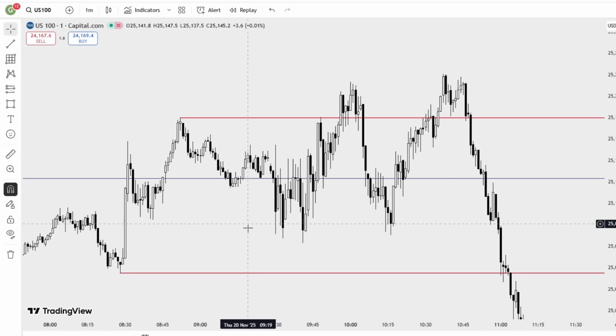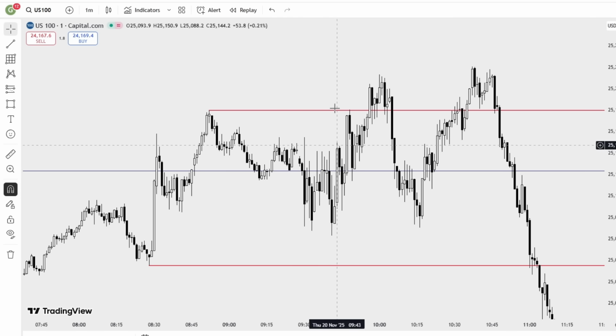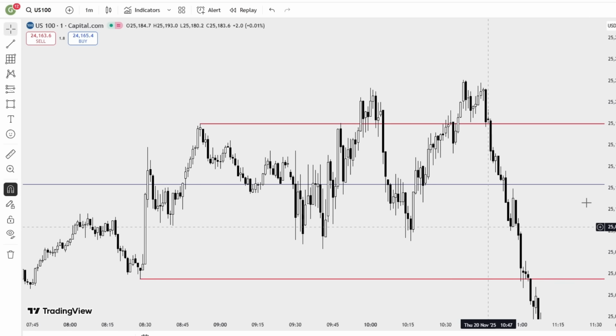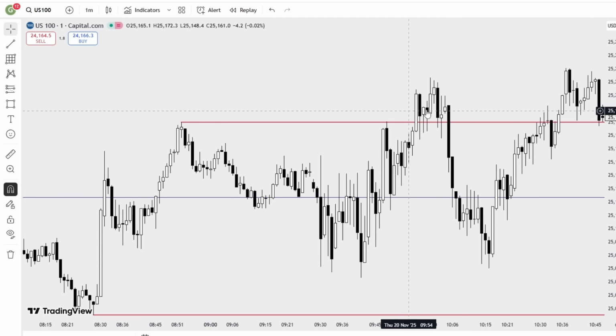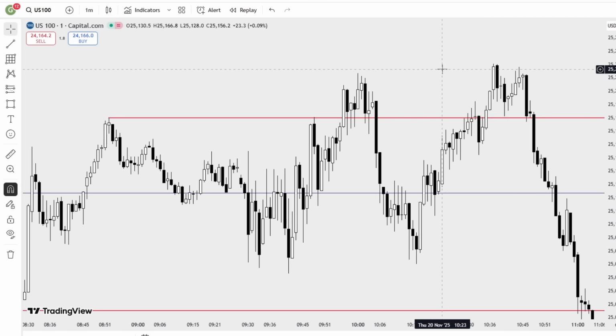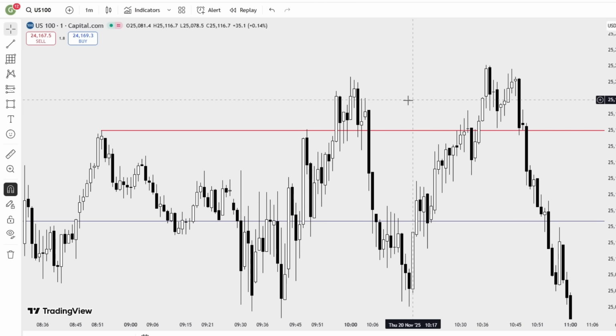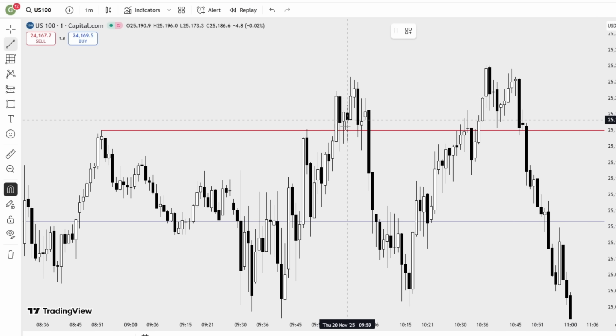Markets open right here. Remember what I said? Market opens, manipulates, and comes down. In this case, like this, what you can do here, you have the order block right here. This is your order block, right?